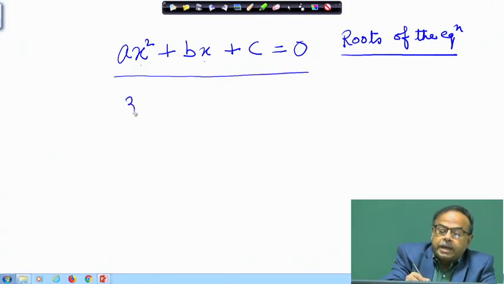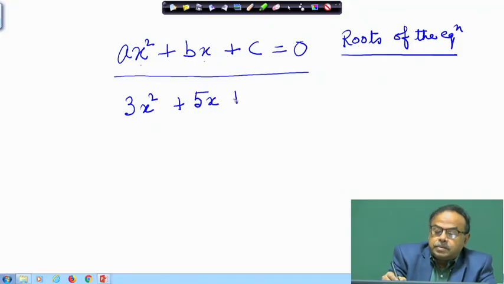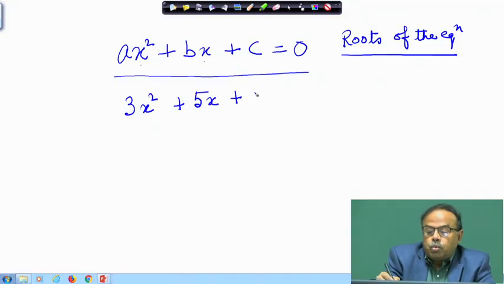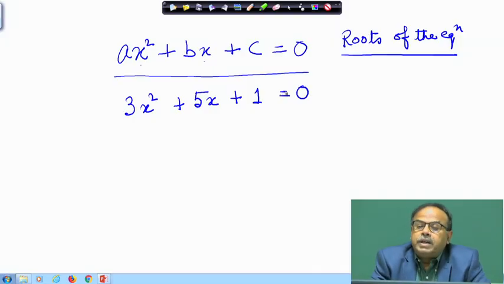For example, I can have 3x square plus 5x plus 1 equals 0. What are the values of x that will solve this?